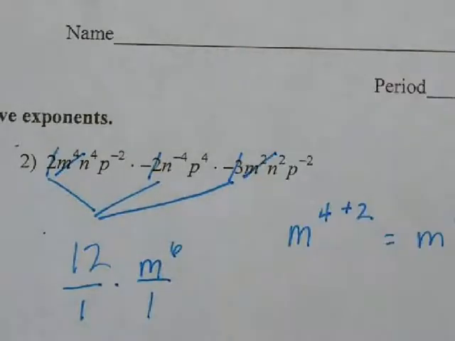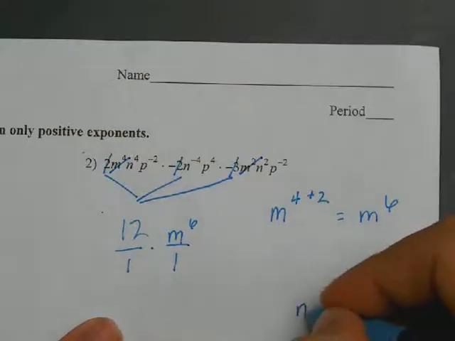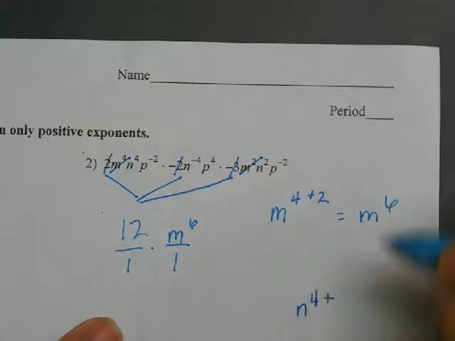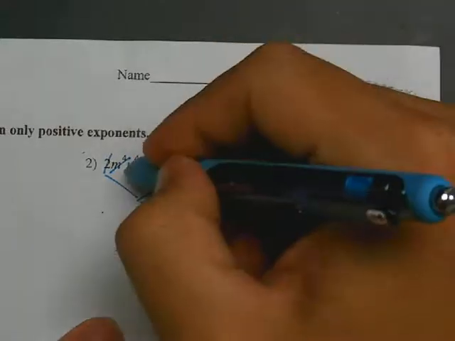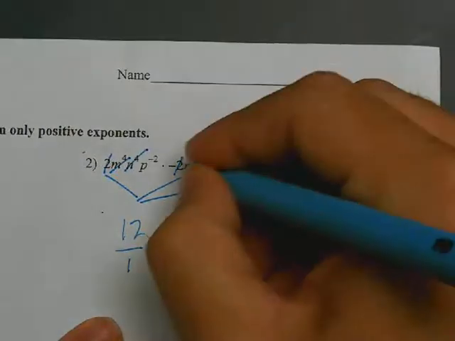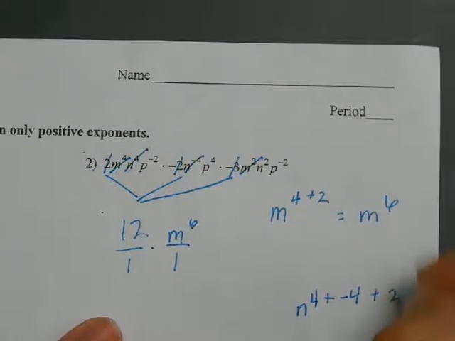Now let's go to our n's. For our n's, we have n to the 4th, so I'm talking about our exponents, 4, and I'm done with that one. And then -4, so plus -4, and then plus 2. This 2 right here, that's an n, and then I'm done with that one.